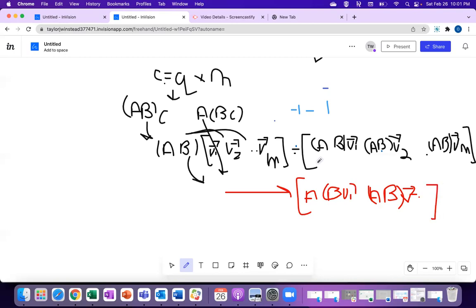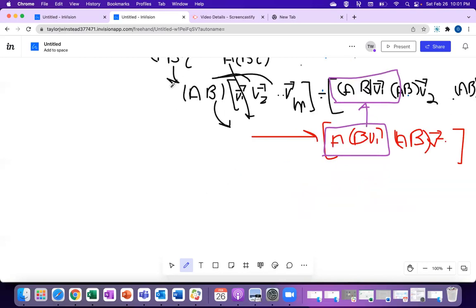Well, we know that these two have to equal each other. We know that this form is equal to this form because we already talked about it. We already proved before that AB times a vector is the same thing as A times B times a vector. In the former case, we were using x, but here it's the same principle. So that proves that these matrix compositions and matrix products are associative.